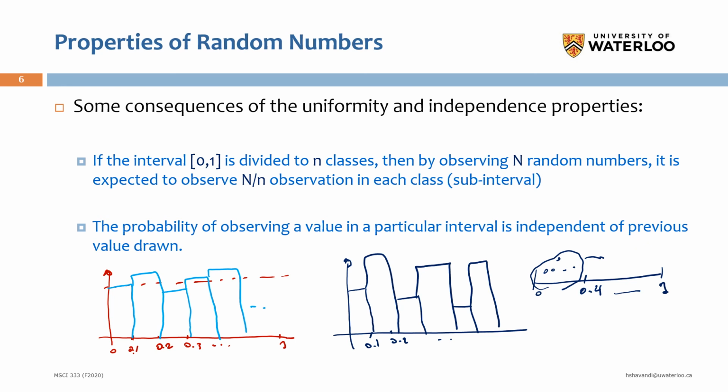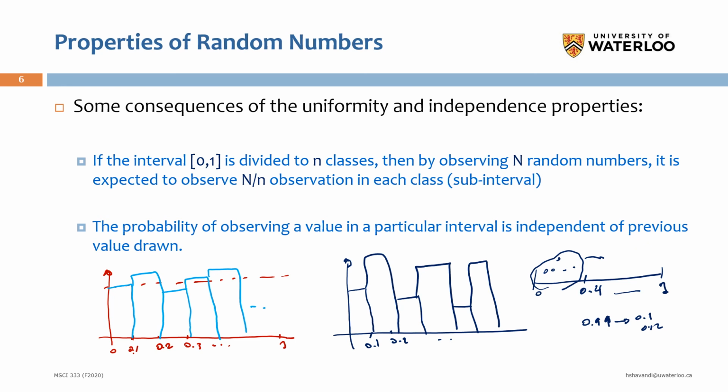Or if, for example, the last number is 0.99, then it shouldn't impact the next number to be, for example, 0.10 or 0.12, a low number. So independence says that there shouldn't be any relationship between the sequence of numbers that we generate by that random number generator method.